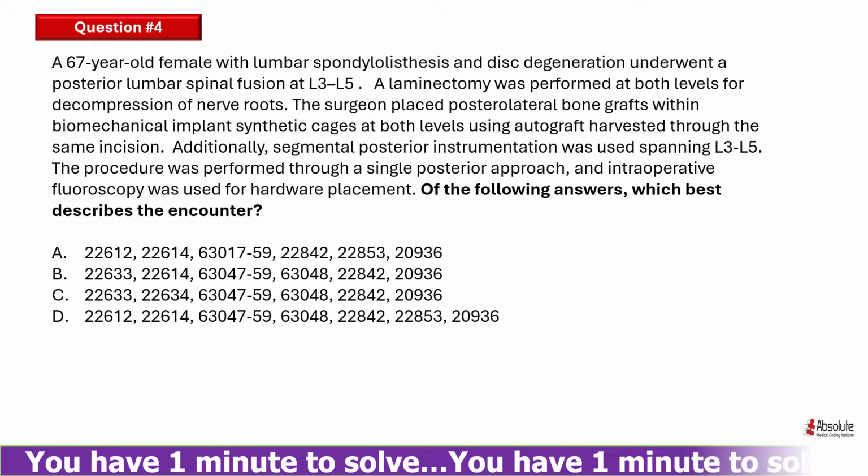The surgeon placed posterolateral bone grafts within biomechanical implant synthetic cages at both levels using autograft harvested through the same incision. Additionally, segmental posterior instrumentation was used, spanning L3 through L5. The procedure was performed through a single posterior approach, and intraoperative fluoroscopy was used for hardware placement.